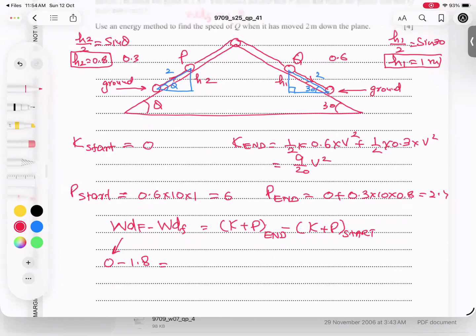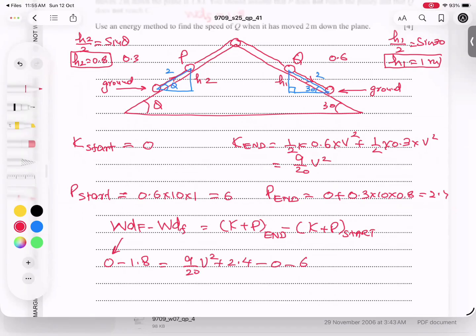So what is the kinetic energy at the end? We have this, of the system I talk about. What is the potential energy at the end? 2.4. What is the kinetic energy at the start? That is 0. Positive, negative, negative. What is the potential energy at the start? Our system is 6.